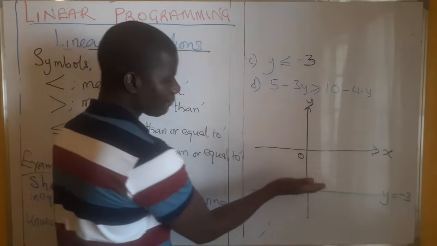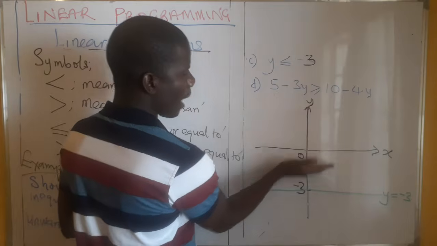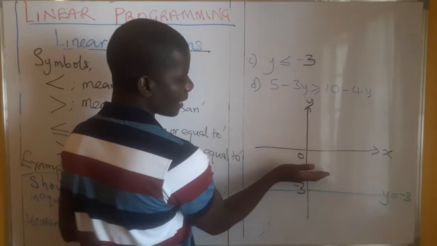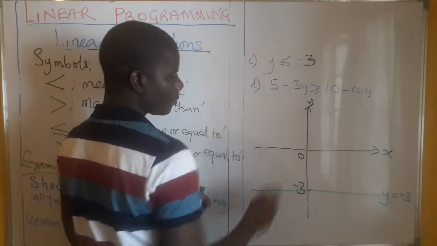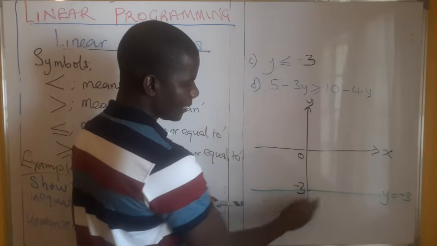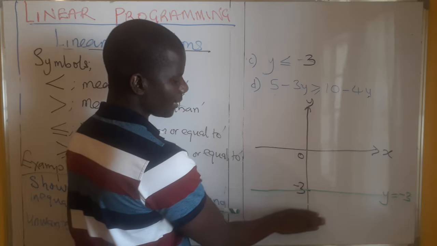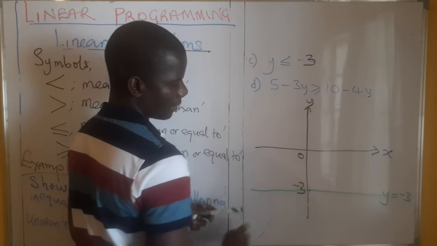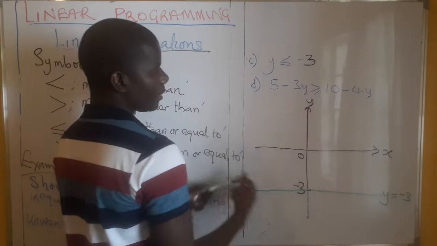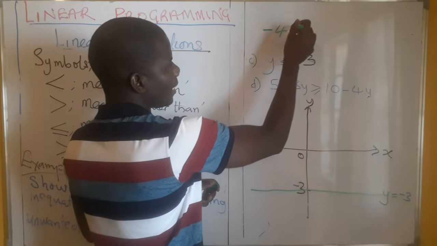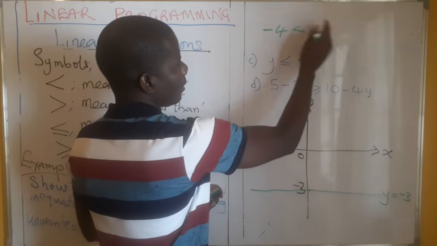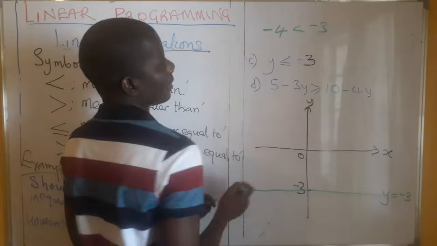Now, for negatives, I'm sure you know that as we go up here, including negative 2, it's greater than what? So the region that we want is this one that is down. This is where we have coordinates that are less than negative 3, going down. For instance, negative 4 is less than negative 3.